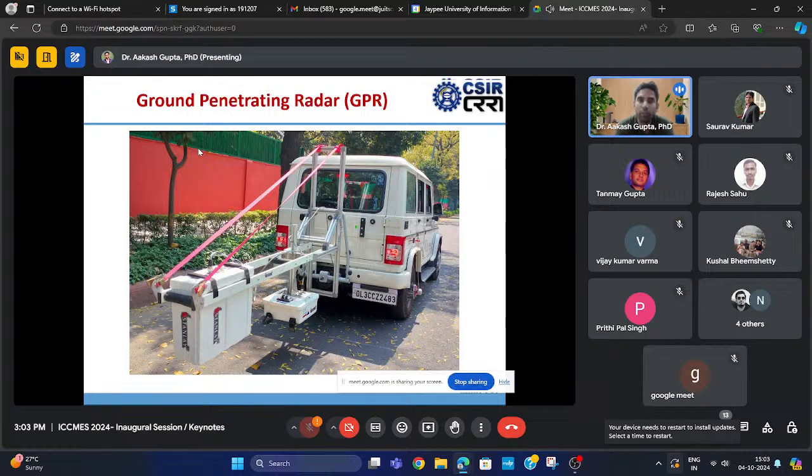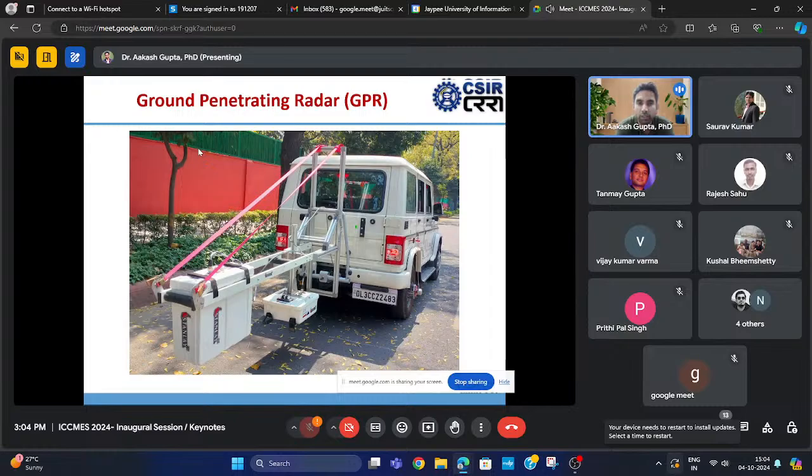So if we go with a non-destructive method, we use this GPR methodology. Normally GPR is used to determine what is present inside the pavement, like under utility, some pipeline is going on. These things are required, GPR is required to predict where this pipeline is present.